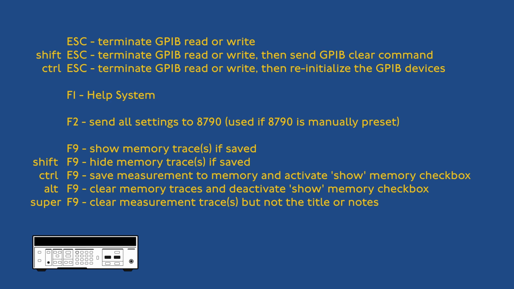In that case, pressing Shift Escape will instruct the GPIB controller to issue a GPIB clear that will make the 8970 become responsive immediately. The F1 key will display the Linux help system, which will provide details of all program functions.